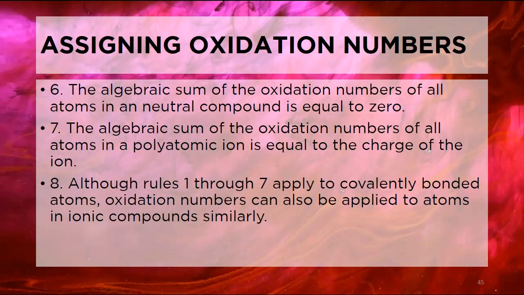And then the algebraic sum of all the oxidation numbers in a neutral compound is going to be 0. If we're looking at a polyatomic ion, the oxidation number is going to be equal to the charge. So we'll look at an example of that. And these rules can be applied to both covalently bonded atoms and ionically bonded ones.